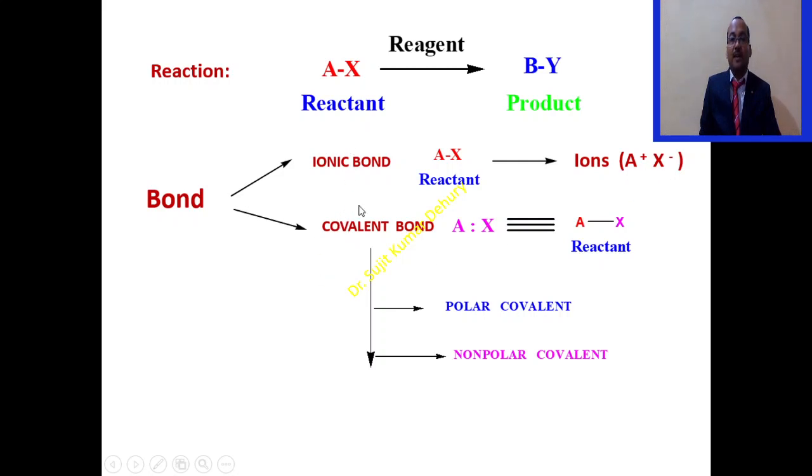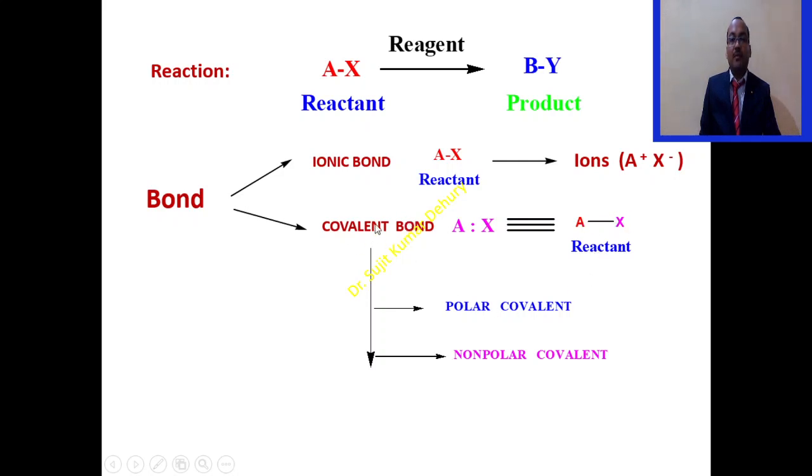Similarly, if the reactant contains a covalent bond, so what is a covalent bond? The covalent bond is formed due to the sharing of one electron from each atom. Here you can see it is shared by both the atoms, which leads to the covalent bond. And we represent that bond as a line, a hyphen, or a single line A-X.